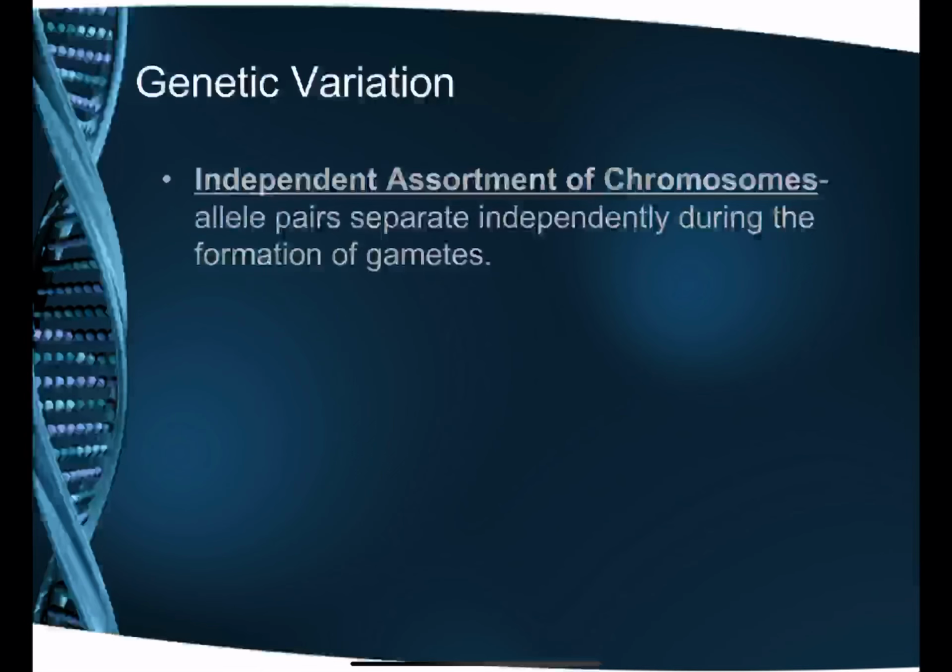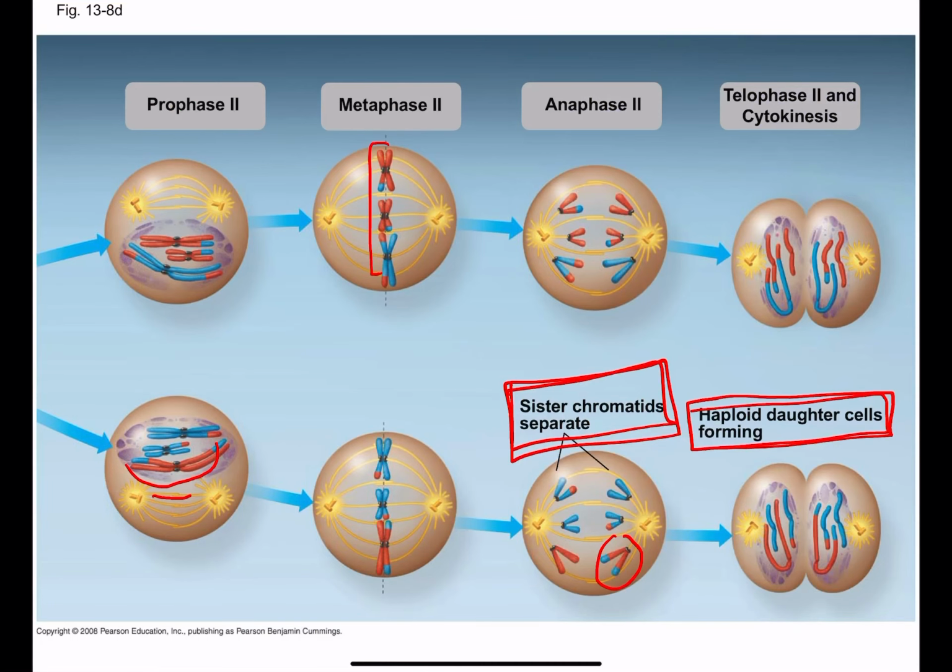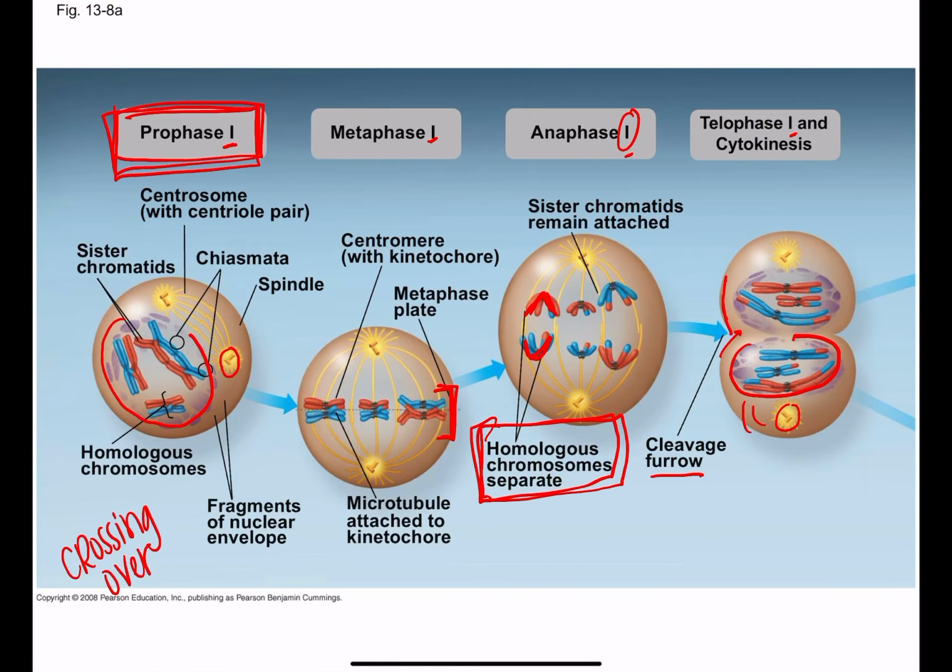And so what that means is that during metaphase, when chromosomes line up on the metaphase plate, they do so in a random way. So here you see it's not always all blue on one side and all red on the other side.